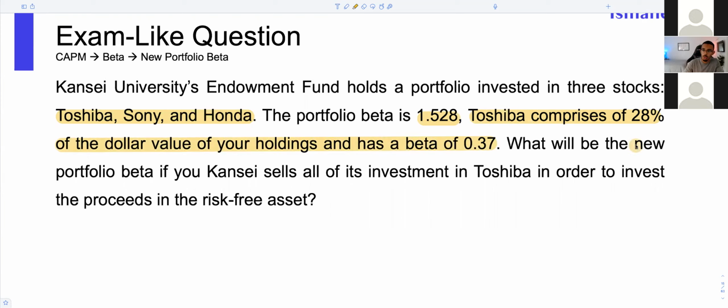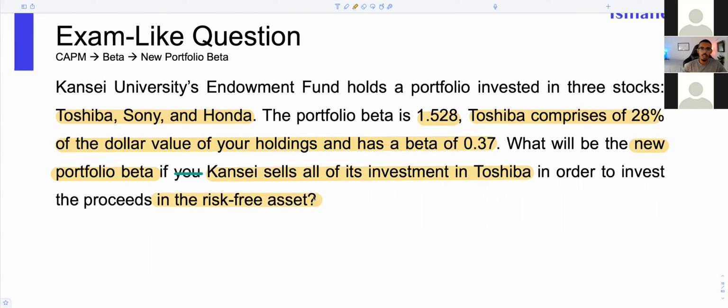It's very crucial. You hear this term, new portfolio beta. If Kansei sells all of its investments in Toshiba to invest in the risk-free asset. So this is a lot of stuff, but it's actually pretty straightforward. They're going to go invest in the risk-free asset.